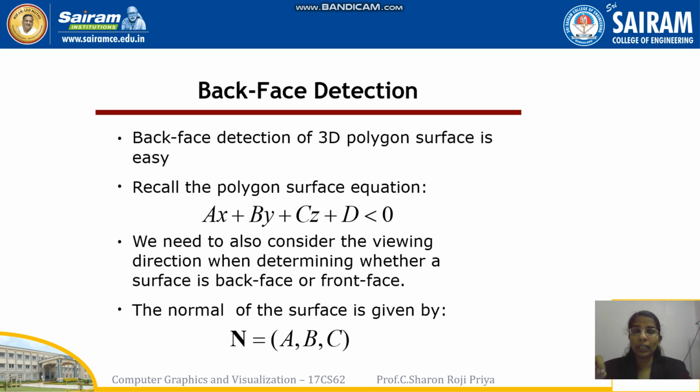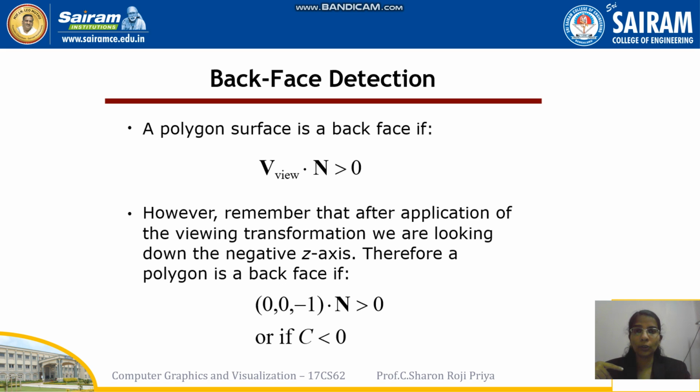For that, take the dot product V dot N, where V is the view vector and N is the normal to your surface. If this dot product is greater than 0, it is your back face. If your point is along the viewing line, you will get a value greater than 0, which shows the face is a back face.